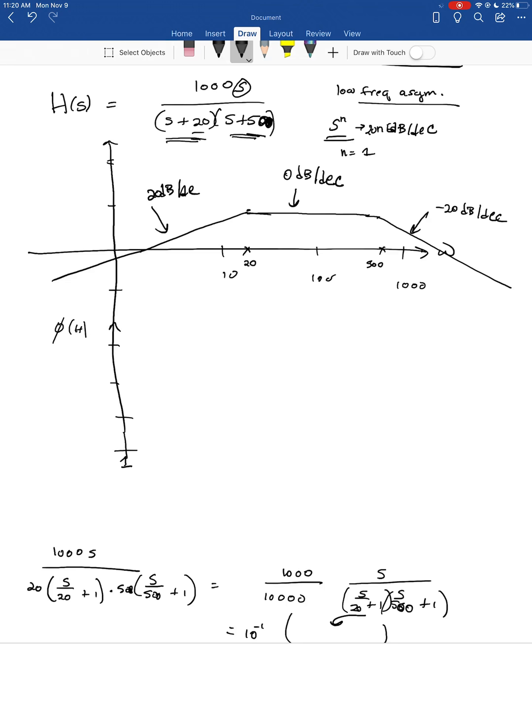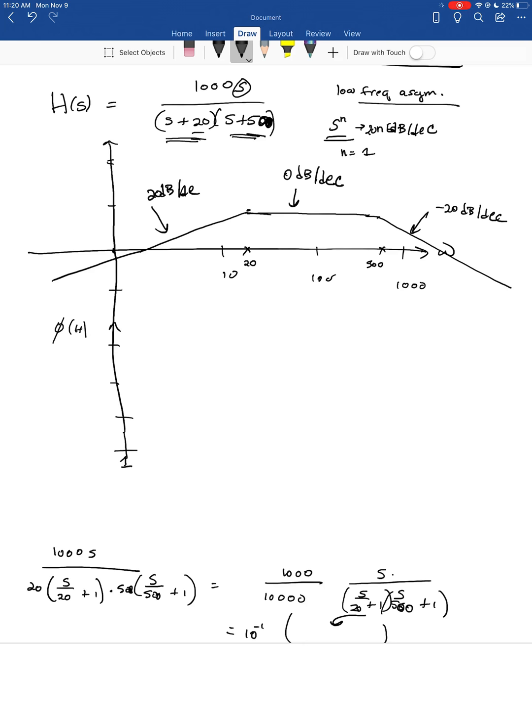Now we're going to make the assumption that s goes to j omega, and then we take the magnitude. So for the numerator, the magnitude would be just omega, and we're going to find this at omega equals 1. So we're going to come to the low frequency asymptote, and this is why I put my vertical axis at omega equals 1, because it makes a good guide to the eye when you have this kind of situation.